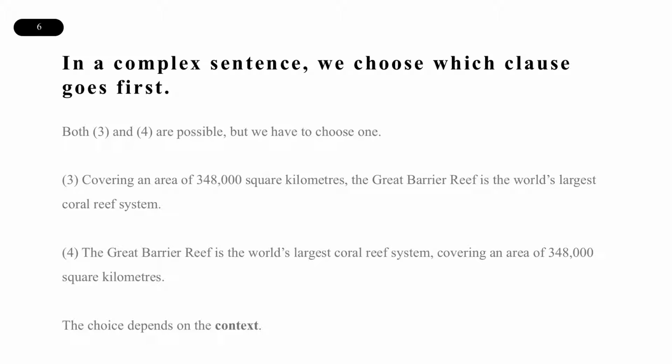And number 4 says, the Great Barrier Reef is the world's largest coral reef system, covering an area of 348,000 square kilometers. The information is the same, but the order of the clauses is different. Which one do we choose? Well, the choice depends on the context.